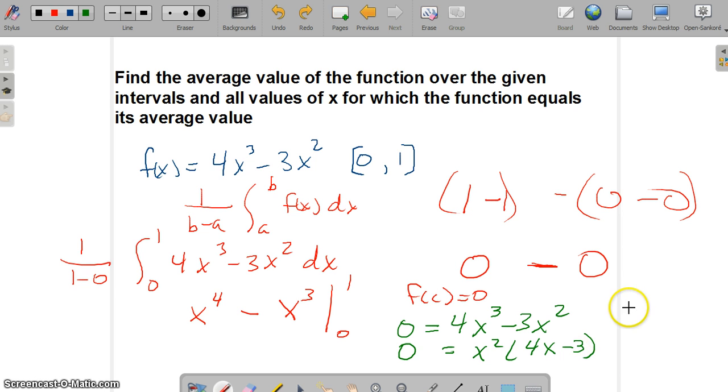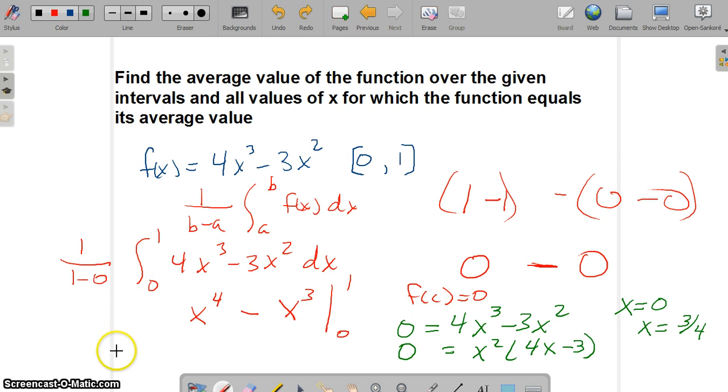So x can be two different things. X can be 0, or x can be 3/4. Two different answers. So there's two places on this curve where the area is the same as the area of the rectangle, which is the same as the area under the curve.